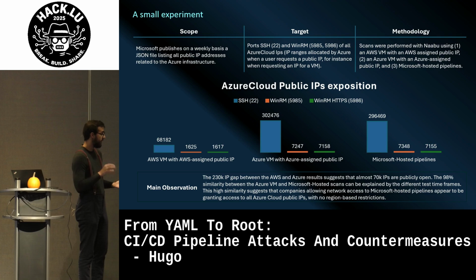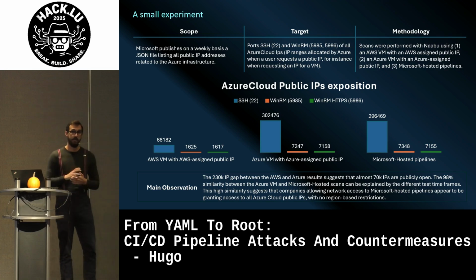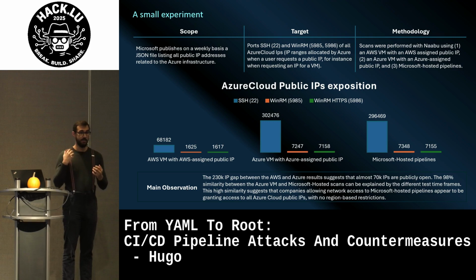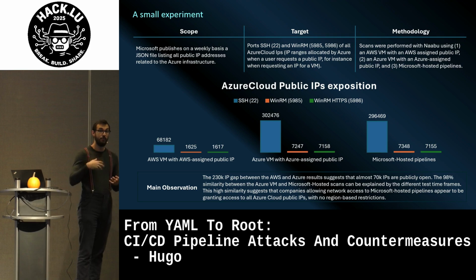So what we saw is that there is a huge gap between AWS and Azure. This, we think, is due to the fact that there is a certain trust between Azure and their own infrastructure, and also to the fact that by default, as I mentioned for Microsoft Hosted Pipeline, you will need to open your network to the Microsoft IPs.